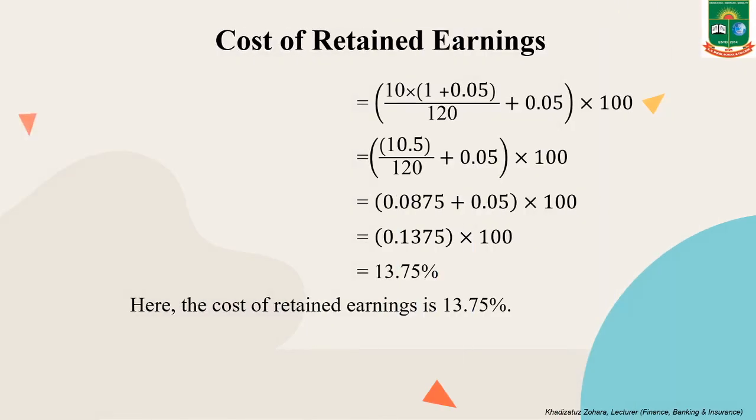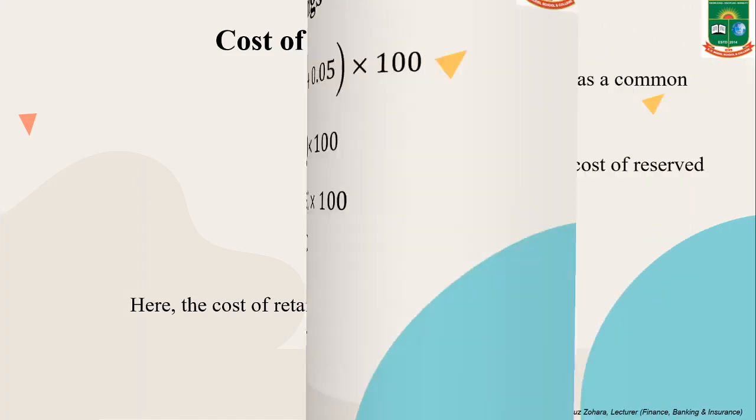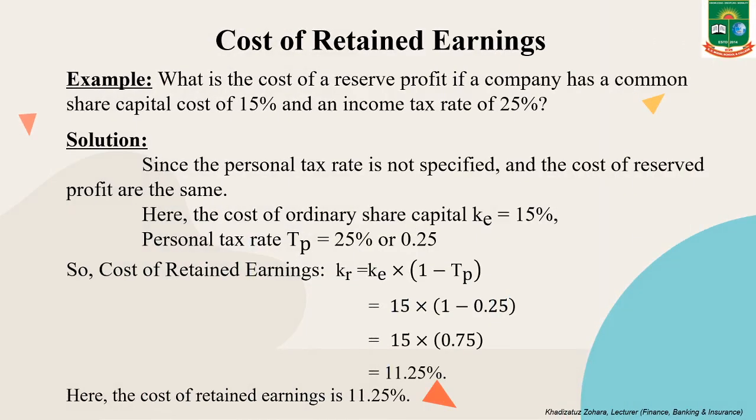So D0 10 × (1 + 0.05) divided by P0 120, plus 0.05, × 100. 10 × 1.05 equals 10.5, divided by 120 plus 0.05, × 100, and the result is 13.75%. So the cost of retained earnings here is 13.75%.